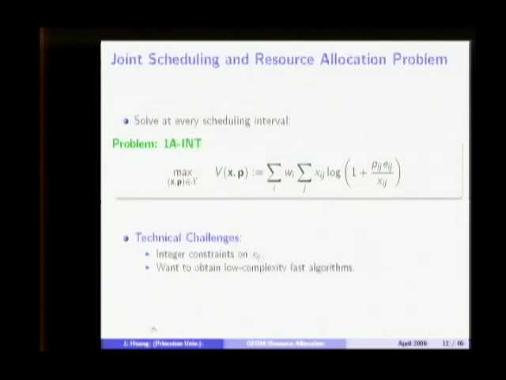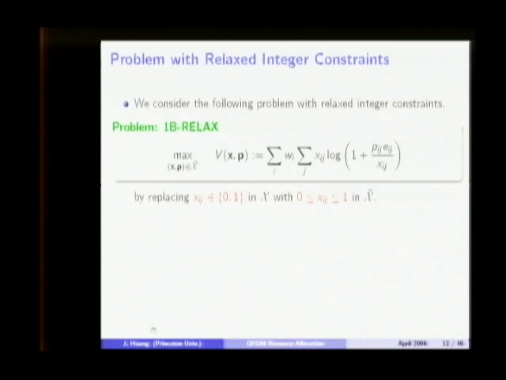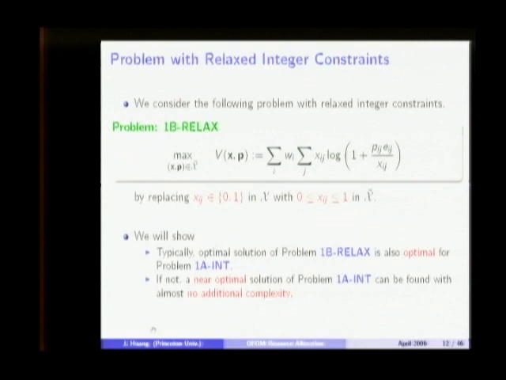So this is the problem we want to solve. And to reduce the complexity, we first consider a relaxed problem where the objective function is the same. However, we change the feasible region by relaxing this integer constraint into a continuous constraint. This is called problem 1b, previously called problem 1a.